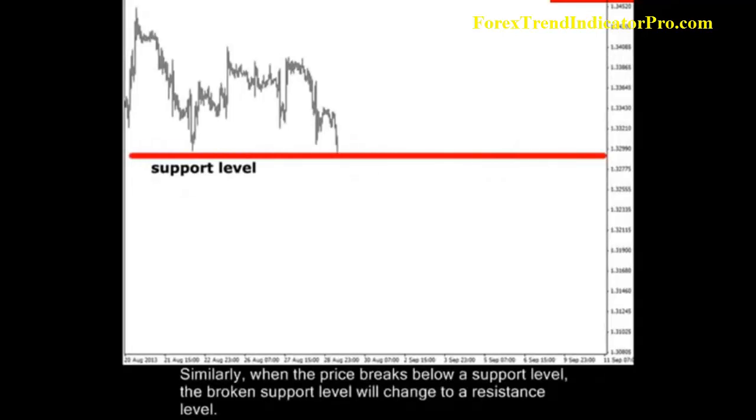Similarly, when the price breaks below a support level, the broken support level will change to a resistance level.